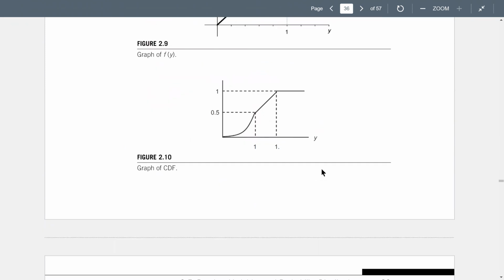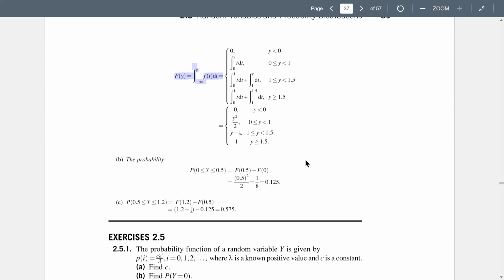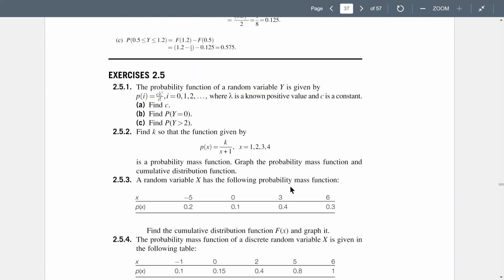Use that formula for the cumulative probability distribution, and calculate all of these, and then you will get the probability. So you will refer to this example.